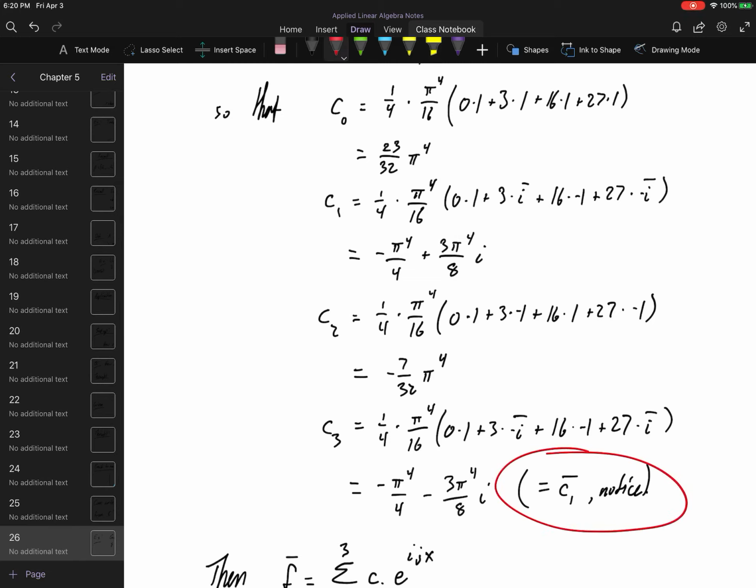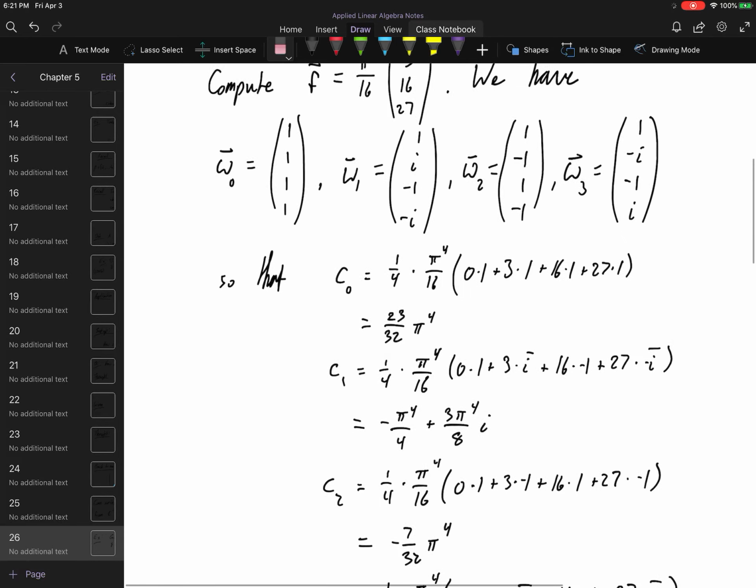But I have 4 different coefficients here, C0 through C3, and I'll point out that because I'm dealing with a real function f, there's a fair bit of symmetry going on across the real axis. So C1 and C3 are actually complex conjugates of one another.